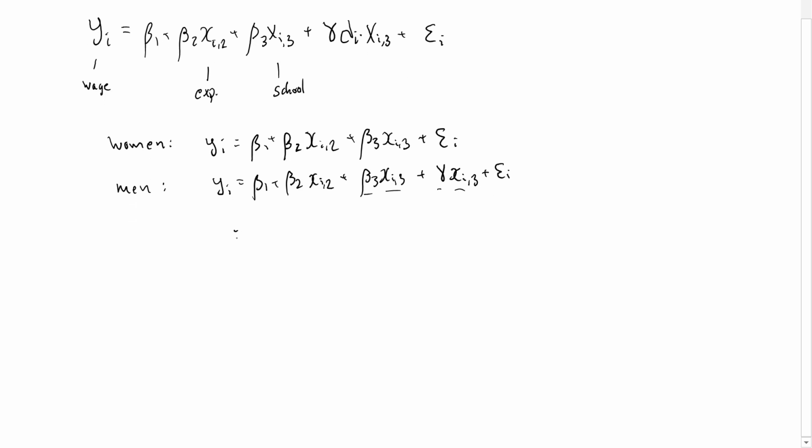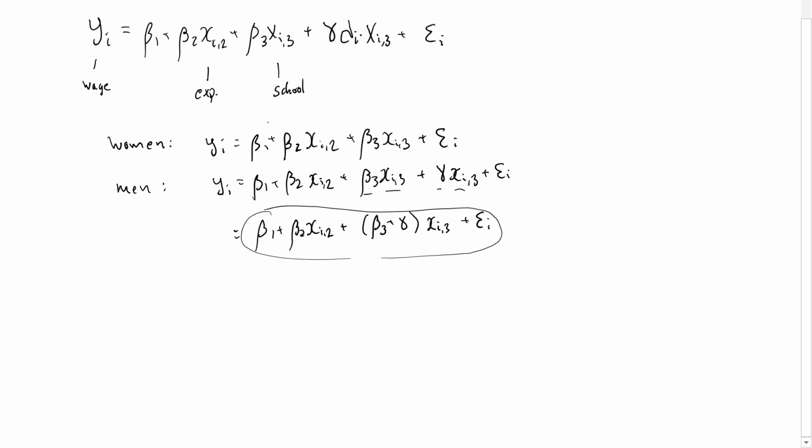I can write this as beta 1 plus beta 2 xi2, and then I can combine these two: beta 3 plus gamma, times xi3 plus epsilon i.